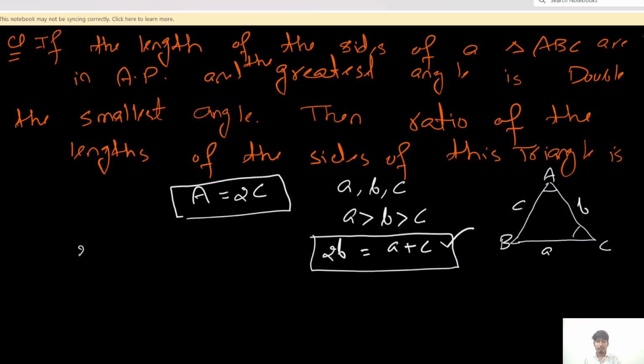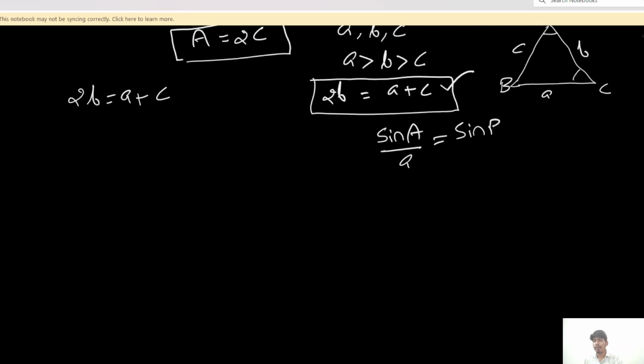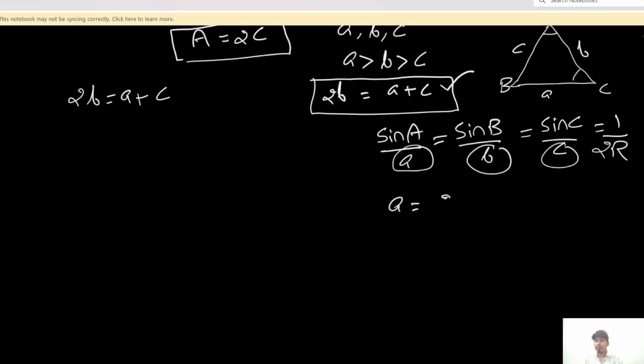Then we know our sine rule: sine A upon a is equal to sine B upon b is equal to sine C upon c, which is equal to 1 upon 2R. Then students, find the value of a, b and c from here. Then a is 2R sine A, b is 2R sine B, and c is 2R sine C.